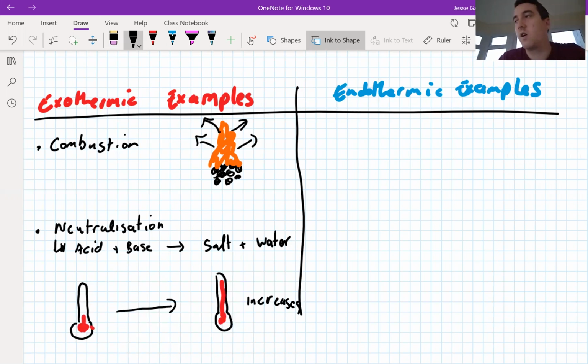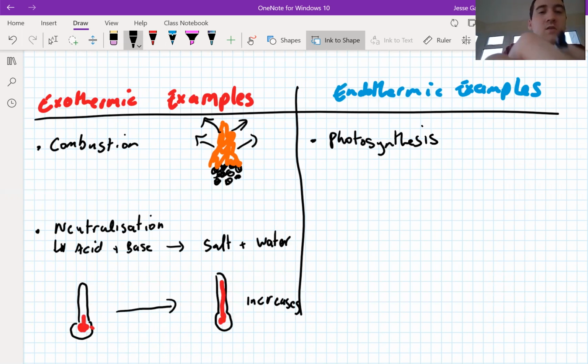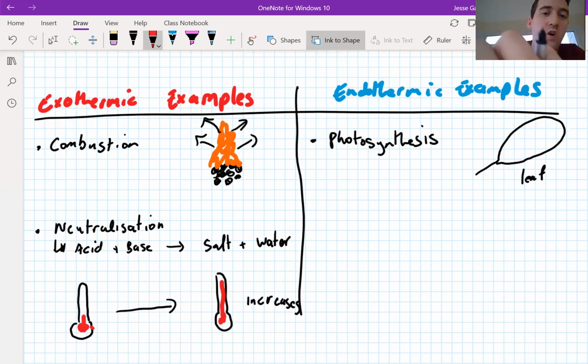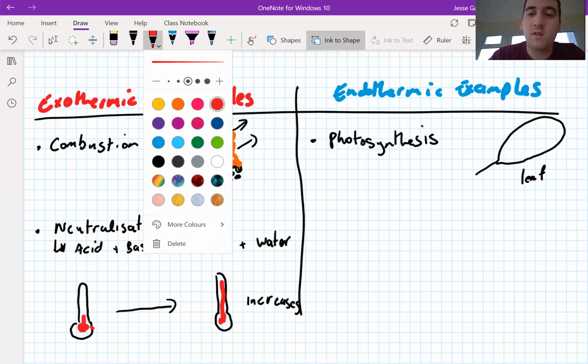What about endothermic? Well, a classic example of endothermic is actually the process of photosynthesis. So any of us who study biology will know that photosynthesis happens in the leaf of a plant. So I'm drawing a leaf, and we know that energy is absorbed by the leaf for photosynthesis.